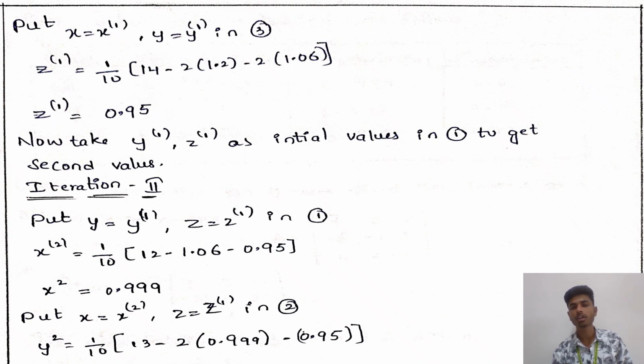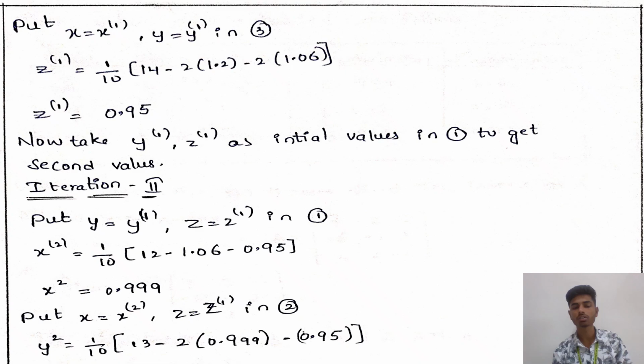Now take y1 and z1 as initial values in equation 1 to get the next values in iteration 2. In iteration 2, put y is equal to y1 and z is equal to z1 in equation 1. Then we get x2 is equal to 1 by 10 into 12 minus 1.06 minus 0.95, so x2 is equal to 0.999. Put x is equal to x2 and z is equal to z1 in equation 2.